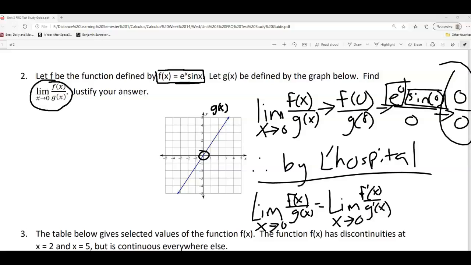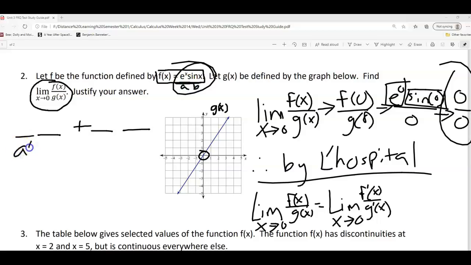So, we need to find f prime of x. First thing I'm going to do is find the derivative of this expression up here, and that is a product rule. So it's a prime b plus a b prime. I'm going to let a represent the e to the x and b represent the sine x.